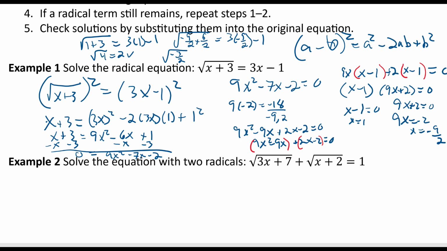So already we're talking about the square root of a negative, equals negative 27 halves minus 2 halves. So clearly that's not going to work. So that means the negative 9 halves is the extraneous solution. x equals 1 is the only real solution. Okay.